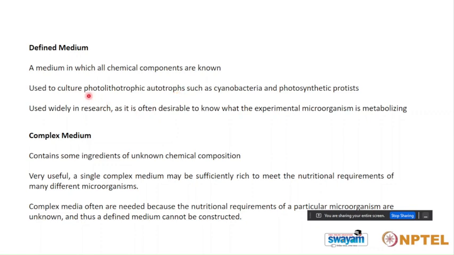So basically photolithotrophs can be cultured using defined medium. Defined medium is used in research, where the experimental microorganism and its metabolism are well understood.